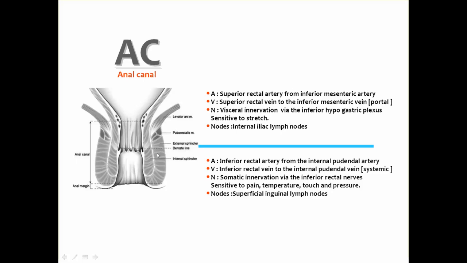Then we have the upper half of the anal canal, which has different blood supply and nerve supply and lymphatic drainage from the inferior part of the anal canal.